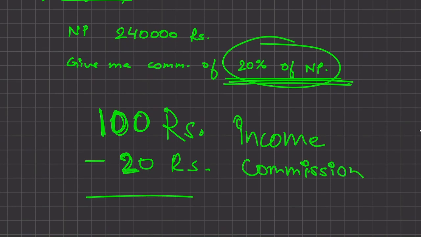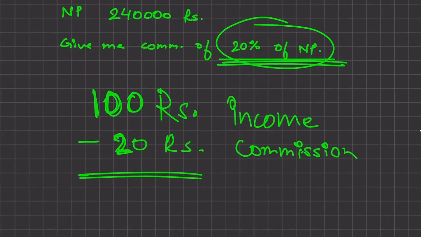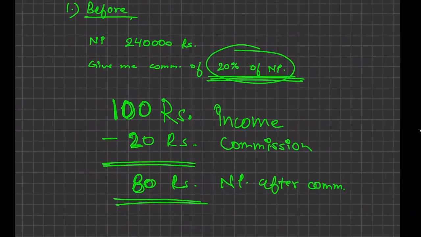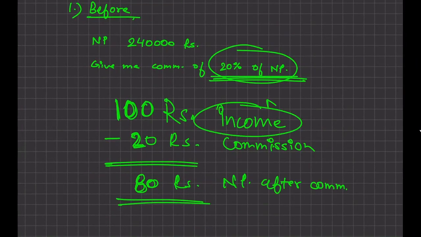So give me 20 rupees of commission, and now you will be left with rupees 80. That is your net profit after commission. Okay. So what was this income? This was net profit before commission.